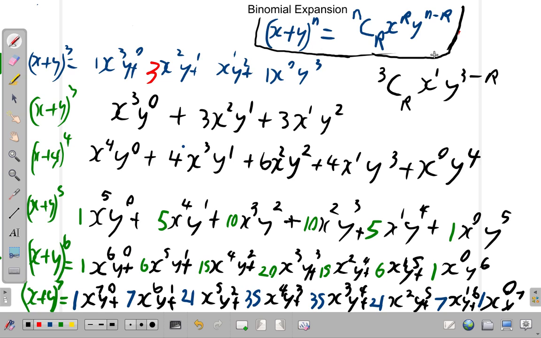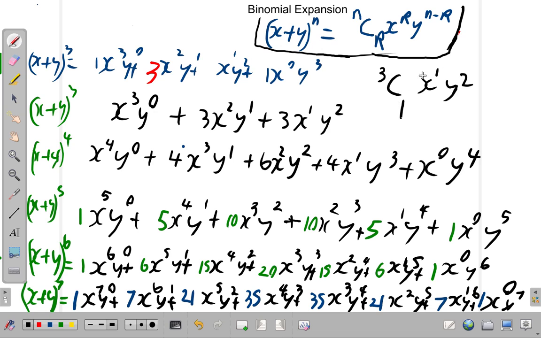But what is r? Once you see x to the r, and this is x to the 1, r is 1. So let's erase this r and put 1. r is equal to 1. And this other r, you erase it and put 1 there. But 3 minus 1 is 2. So you can rewrite this as 2. So what you have is x to the 1, y to the 2.